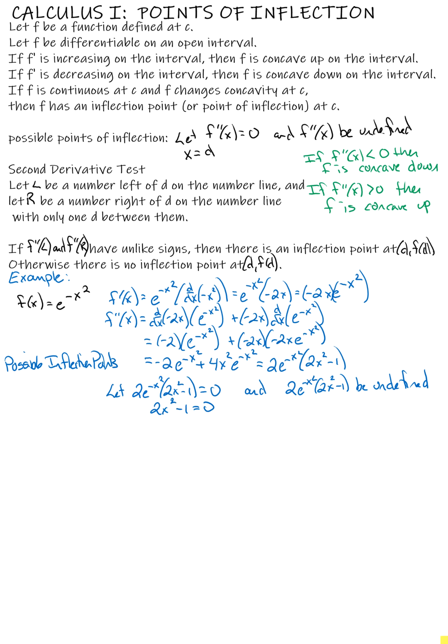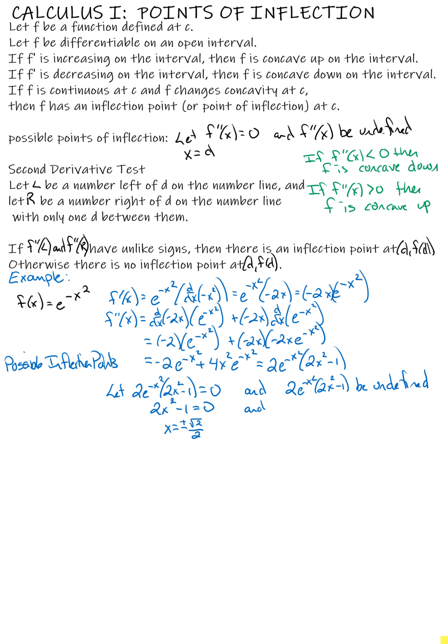Move things around a bit. We would get that x is positive or negative square root of 1 over 2. Rationalize that denominator and you should end up with a positive or negative square root of 2 over 2.